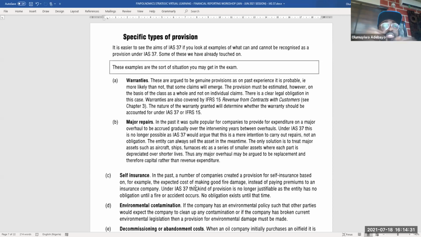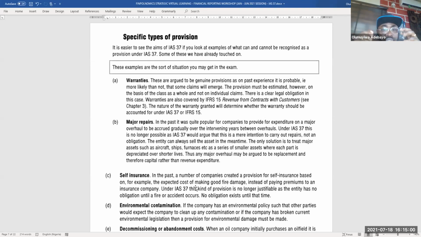Therefore, there is no commitment, no obligation arising from such, and in that case, provision for overall major repairs should never take place. Except if the entity has entered into a binding arrangement with a third party, and such becomes onerous. And when we get to onerous contract, we'll discuss that.